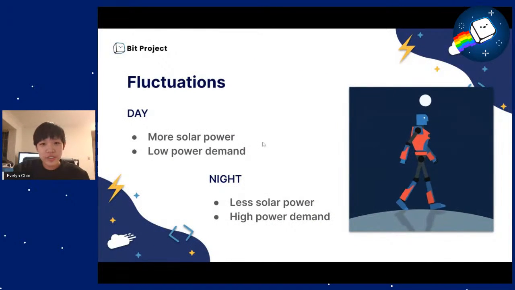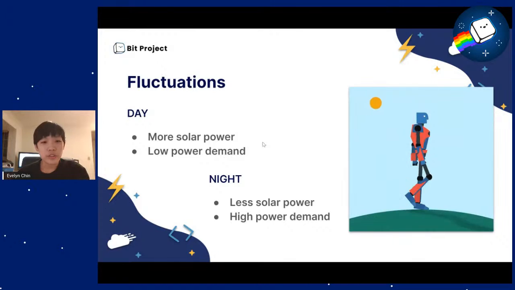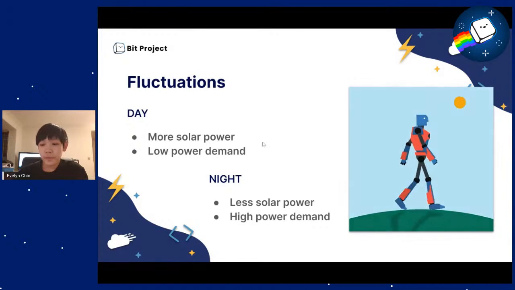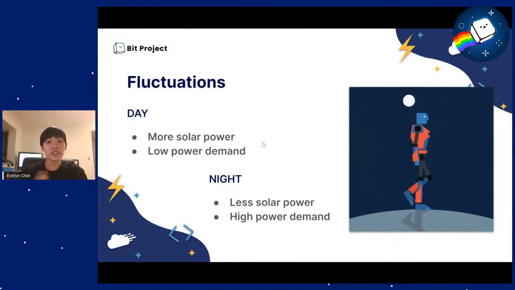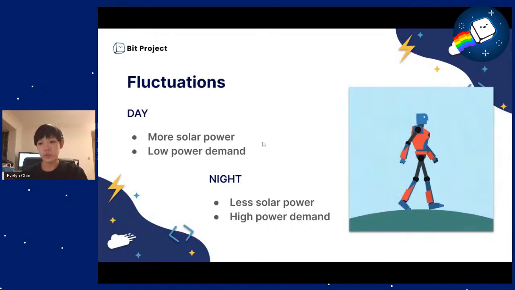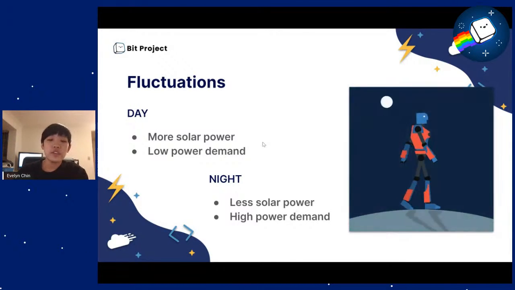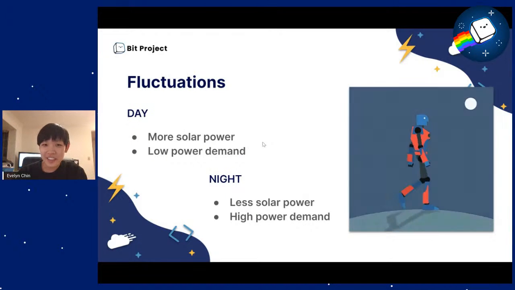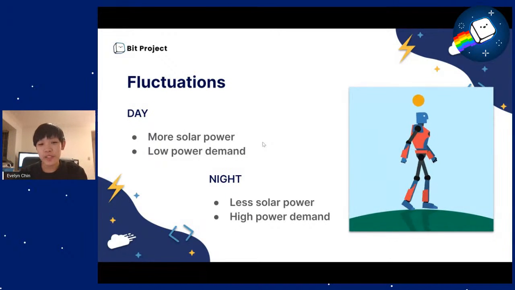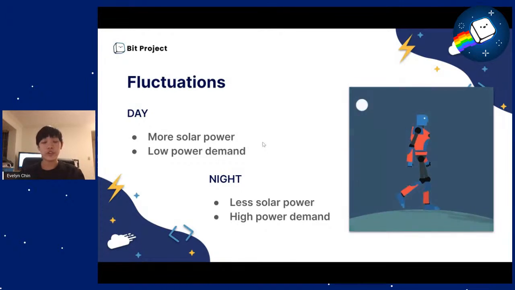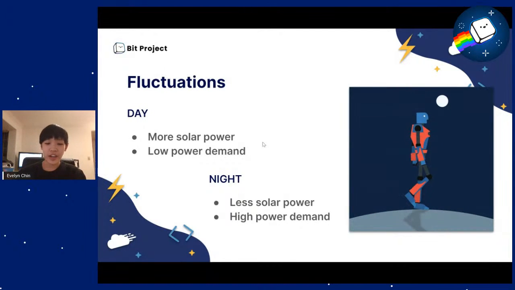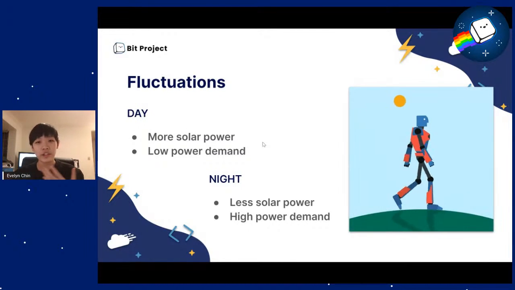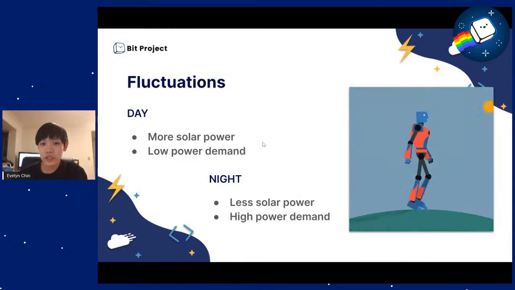We have fluctuations, right? I think most of you already know about fluctuations, but basically in the daytime, we have the sun high up in the sky, and there's more solar power coming down than any other time of the day, right? The thing is, no one really turns their lights on in the daytime, right? So there's basically no power demand with an overgeneration of solar power, and we're creating imbalance with more power than we need.